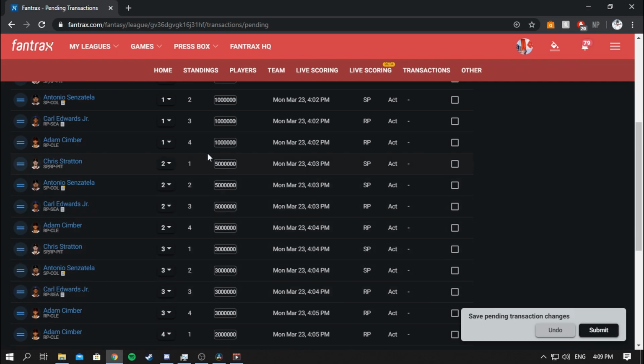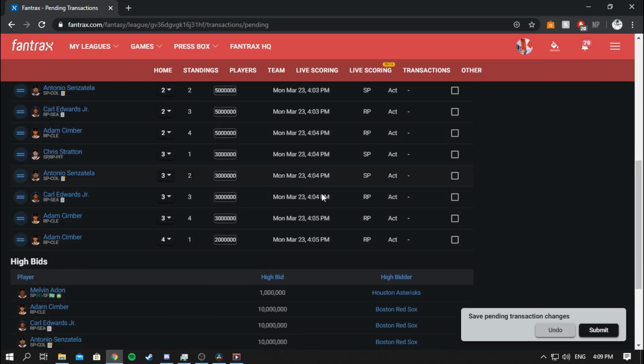So let's say your group 1 is starting pitchers, your group 2 is catchers, your group 3 is first basemen, your group 4 is second basemen. Don't think just because you have them on your screen in that order that it's going to do your pitchers first, your catchers second, your first basemen third. It's just going to go in some random order to figure everything out, sort of simultaneously.